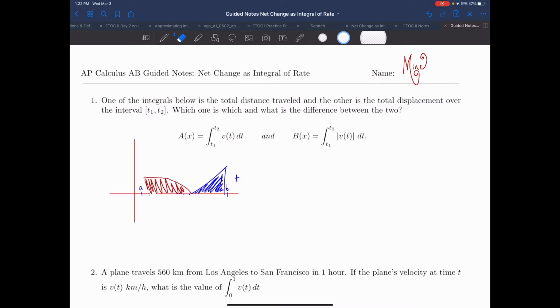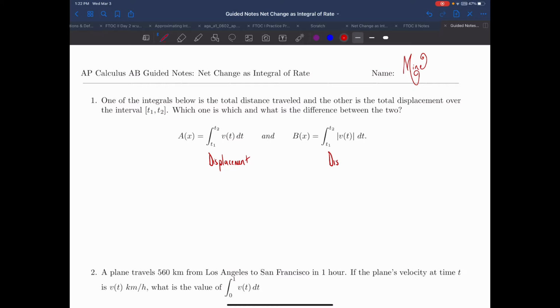So to make something simple complicated, this is displacement, and this is distance traveled. So distance traveled won't be negative.